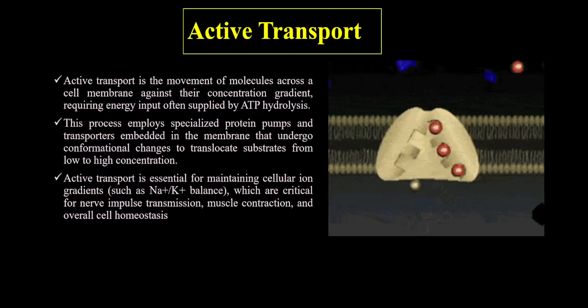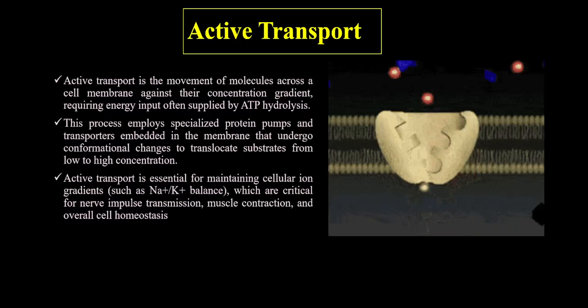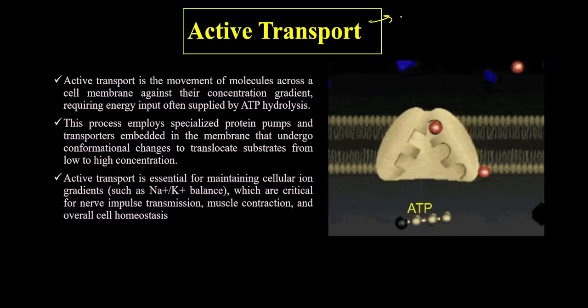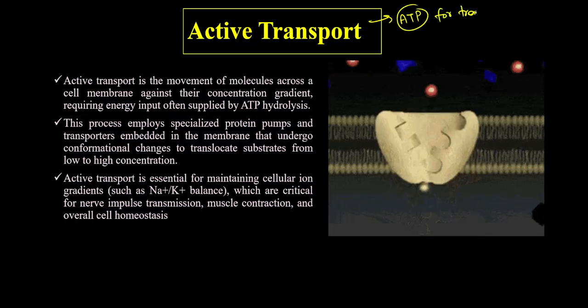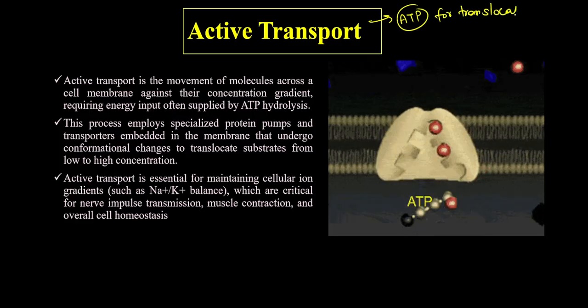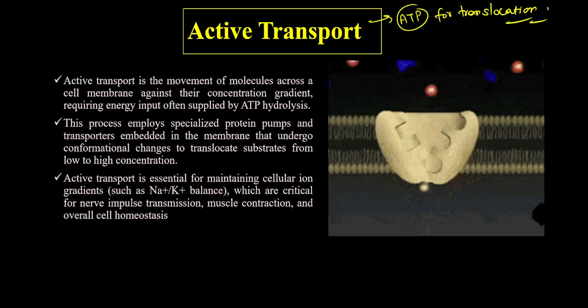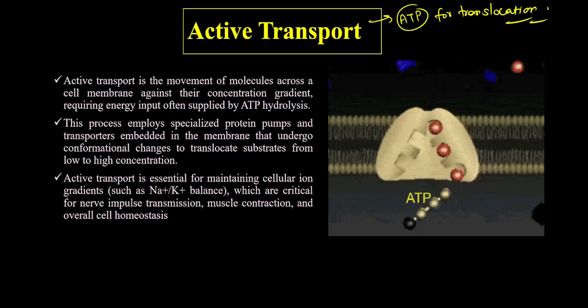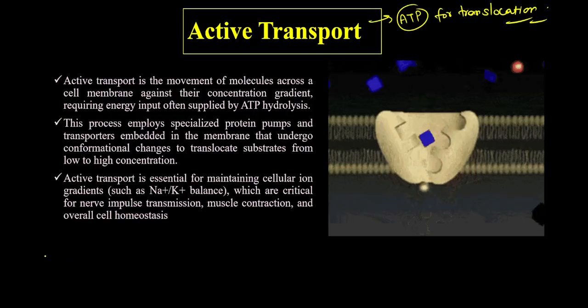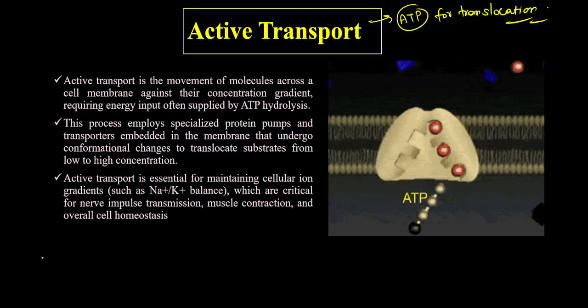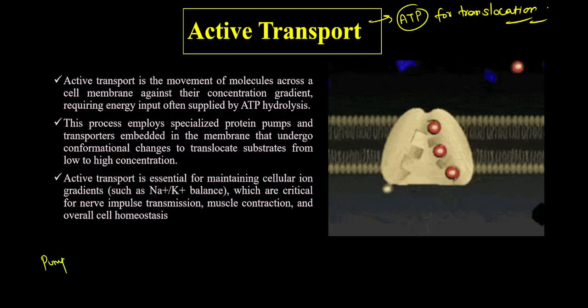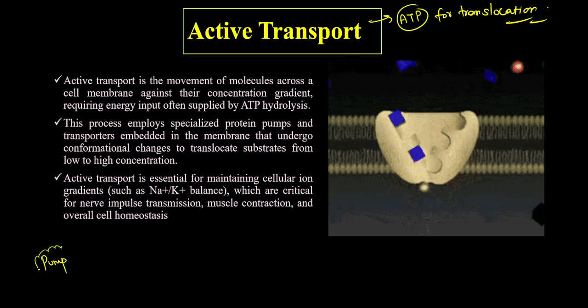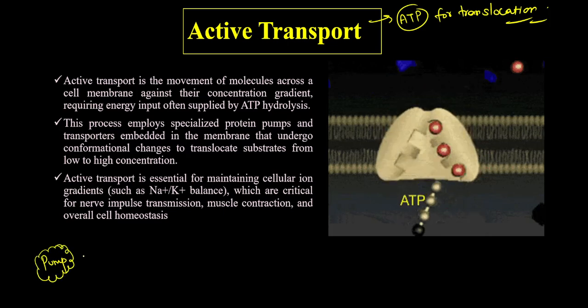Then we have active transport, which will require ATP for translocation. Let me tell you a simple flow chart. Let us consider there is a pump, or you can say a transporter.